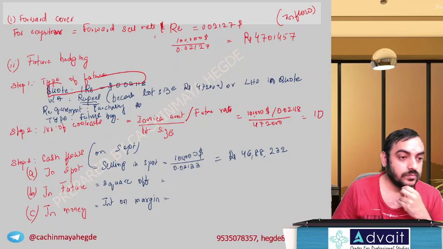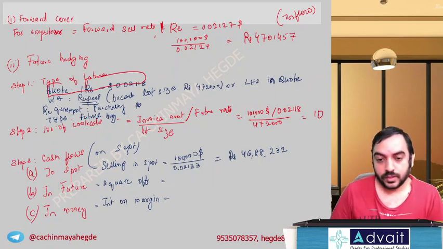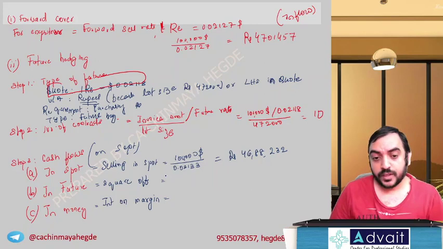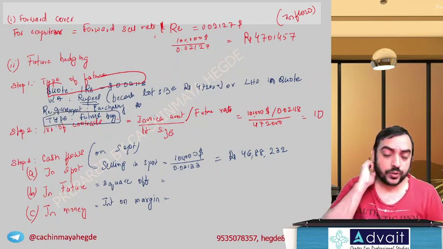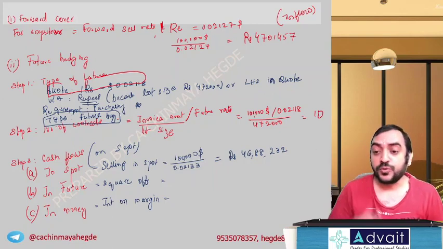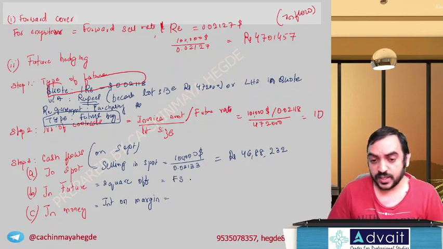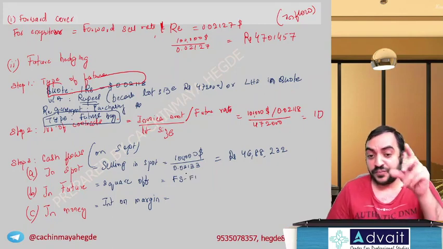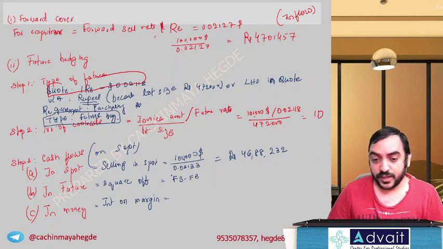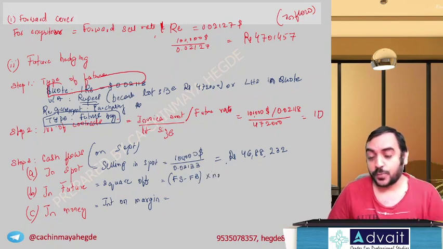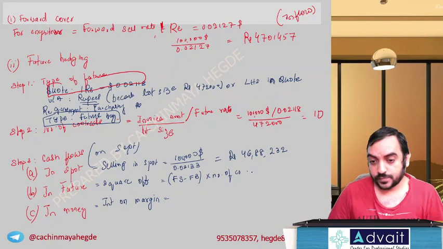Okay, square off. Earlier you did future buy. Now what are you going to do for square off? You are going to do future sell. So the square off formula will be future sell minus future buy: the difference between sell rate and buy rate, multiplied by the number of contracts and lot size, like in options.